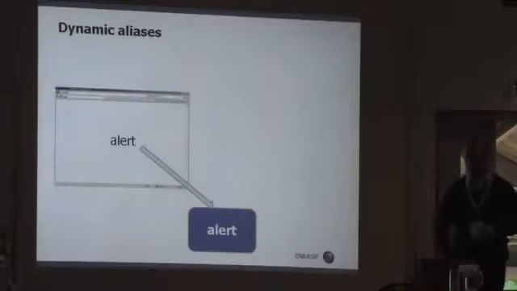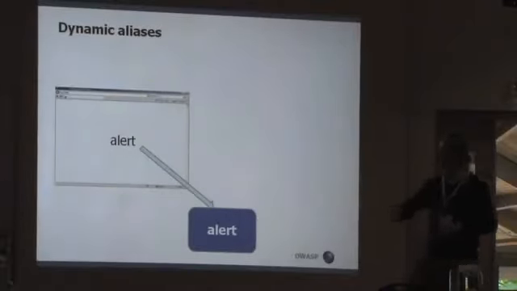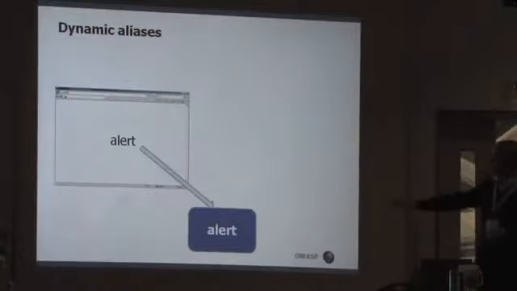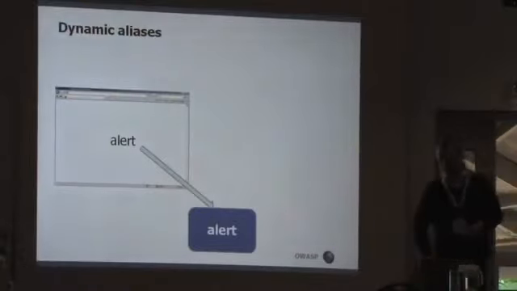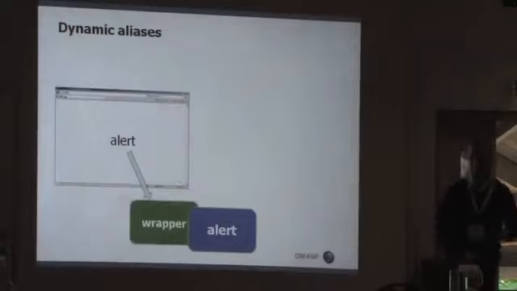Another problem with aliases is dynamic aliases, so aliases that are created dynamically. For example, in one browser, alert points to the built-in alert, and we add a wrapper to that and point it to the wrapper instead.